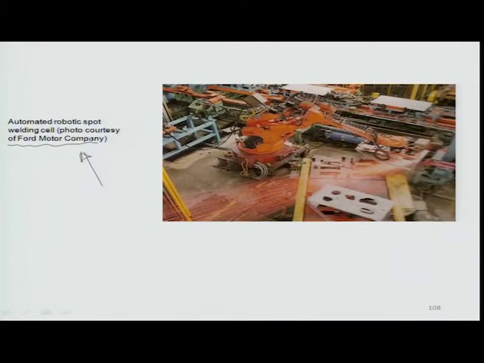Spot welding is the most common means of welding carried out in automotive assemblies. Here the robot is probably working on a press panel, which is a section of a car, trying to create spot welds between two or more sheets. Such a system can be called a fully automatic system, because once you have pressed the button, it is pretty much out of your control until the whole cycle gets executed and the machine is ready for the next cycle.